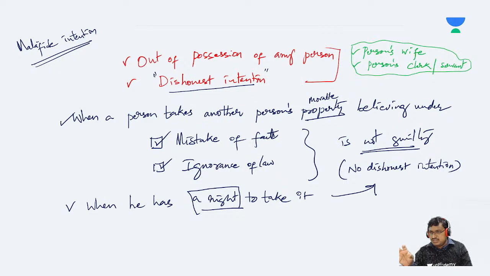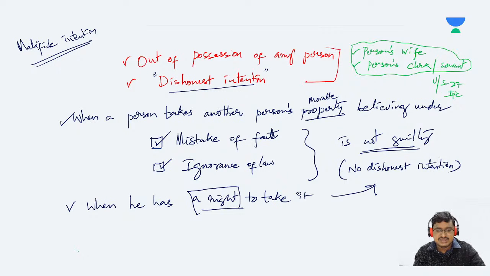Even under these circumstances, it is stated that the property is taken out of the possession of the clerk's master, the servant's master, here the husband of that wife. Okay, it is also clearly stated under section 27 of IPC.